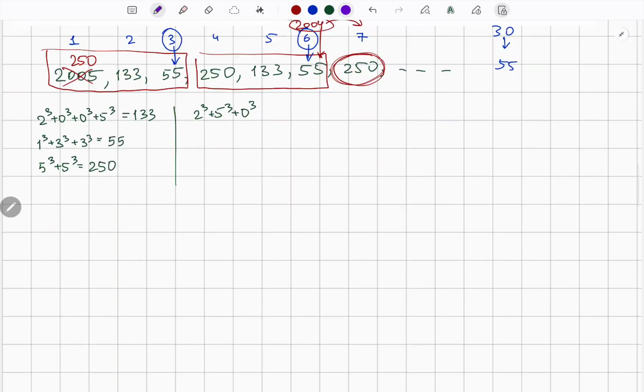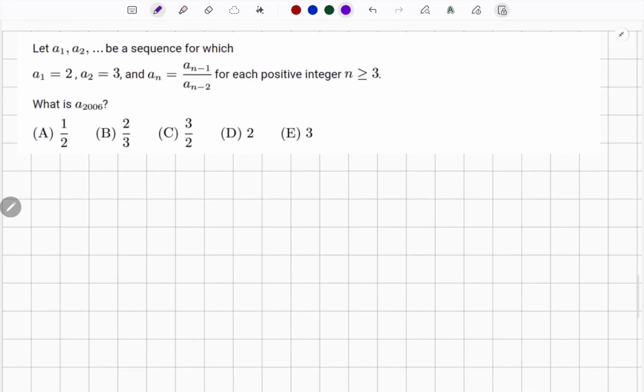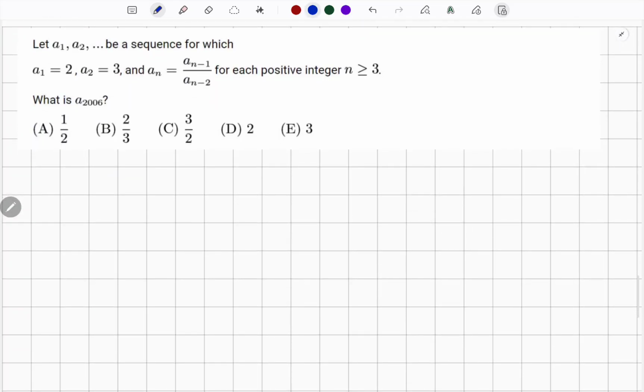Okay, so let's move to the next problem, number 3. Let A1, A2, and so on be a sequence for which the first term is equal to 2, the second term is equal to 3, and then starting from the third term, each term is equal to the ratio of the 2 previous terms.